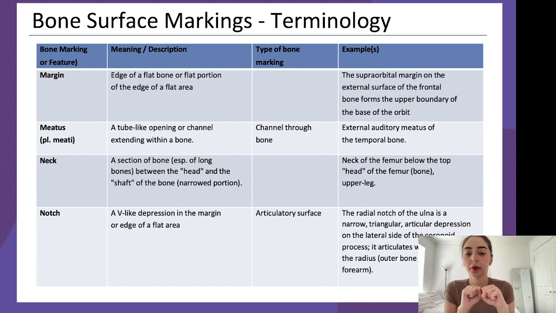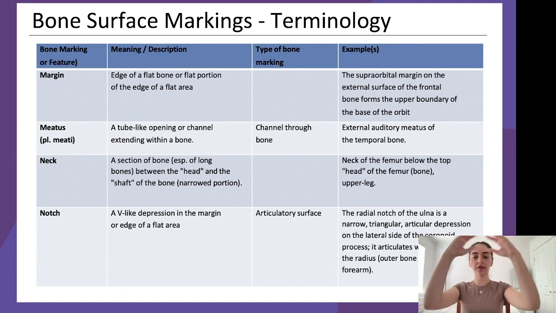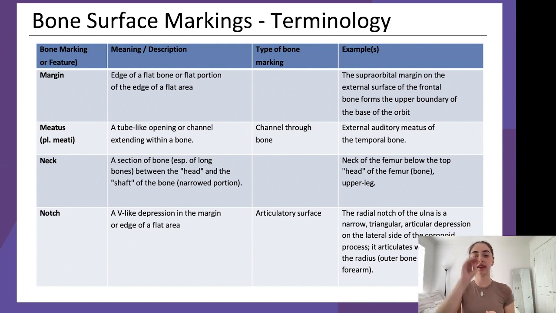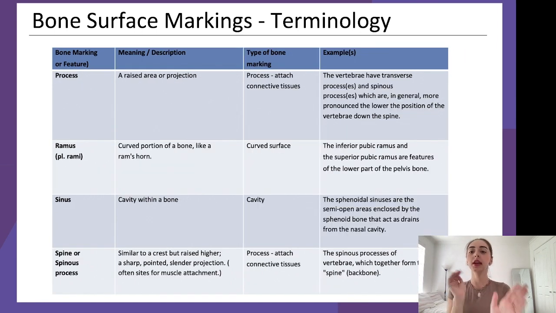A neck is a section of the bone between the head and the shaft. Think of the head as the top and the shaft as the bottom. The neck is typically the upper portion of that, but it's the space in between. A notch is similar to that depression we were talking about, but it's a V-like depression, again for something to go into. A process is a raised area or projection.